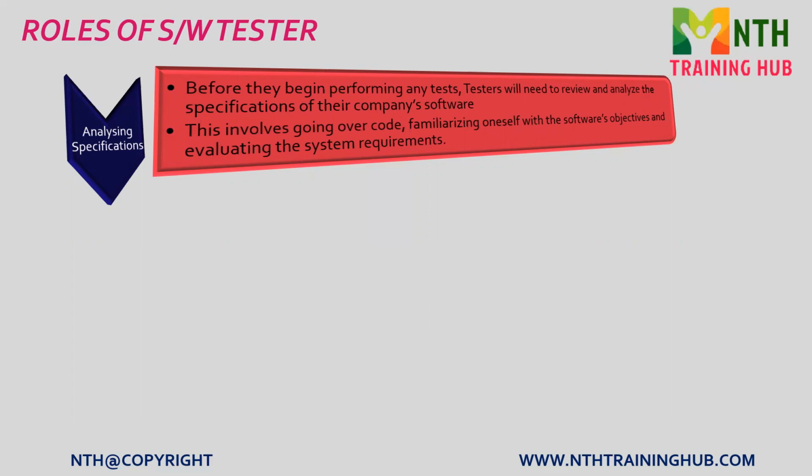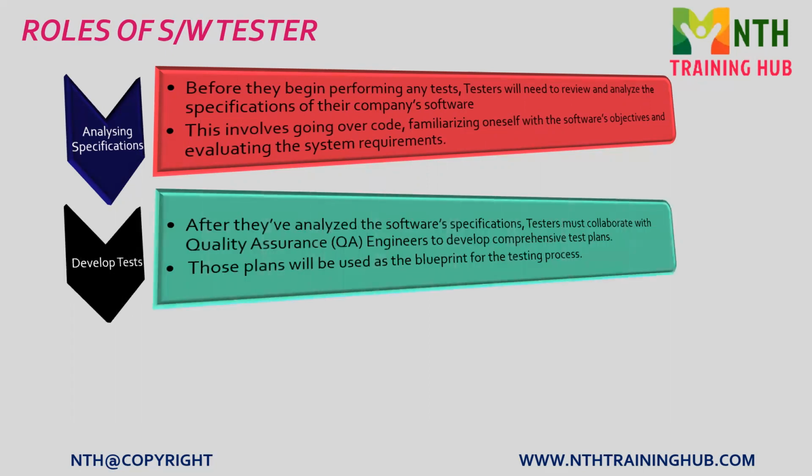Before writing any test cases, you have to review and analyze the documents, like the BRS and SRS documents. This involves going through the code, familiarizing oneself with the software objectives and evolving the system requirements. Once this analysis of specifications is done, then you are going to develop the tests.